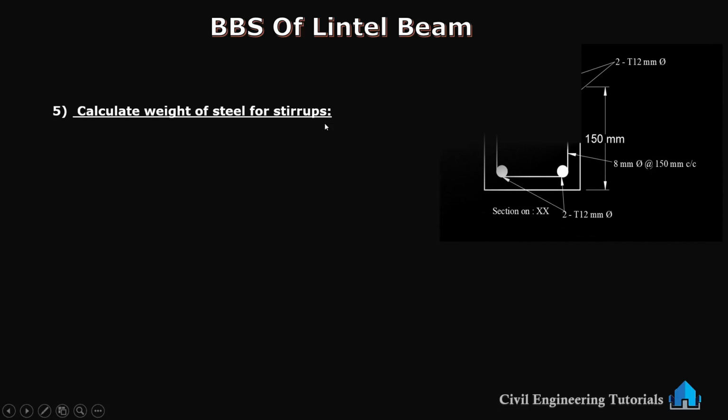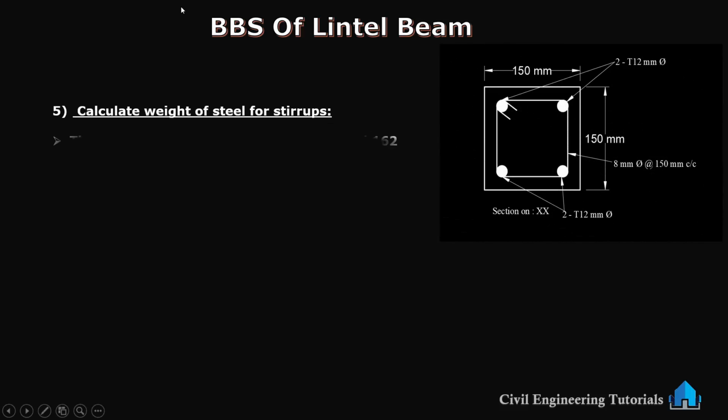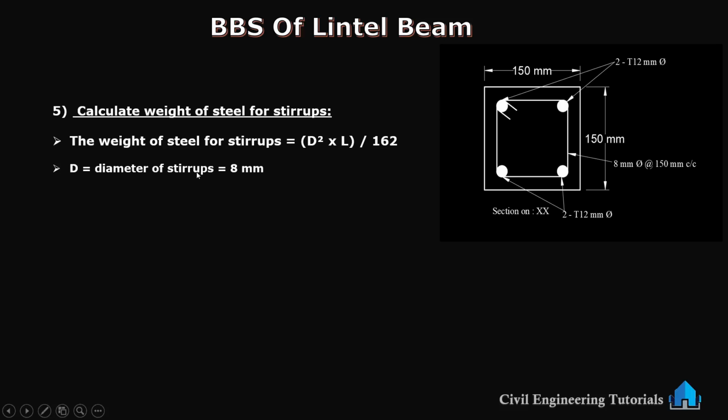Next, steel for stirrups. We have to calculate steel for stirrup. The weight of steel for stirrups, its formula is D square into L by 162. D is diameter of stirrup, 8 mm. L is length of stirrup, 9 meter.